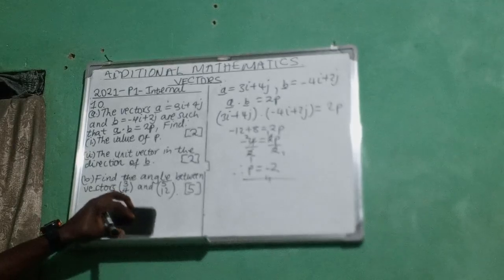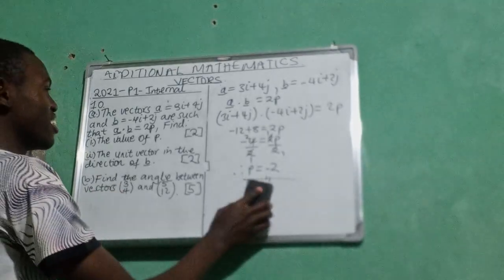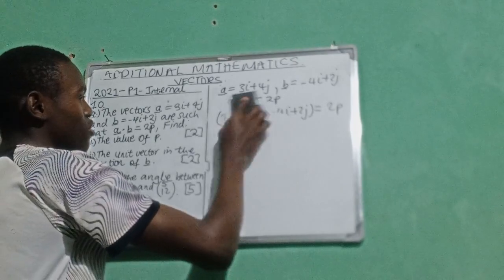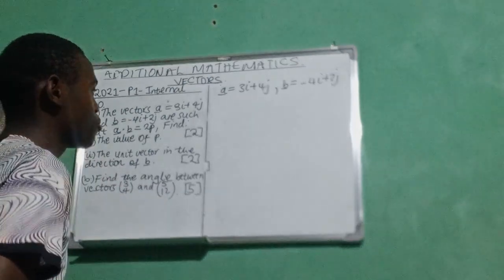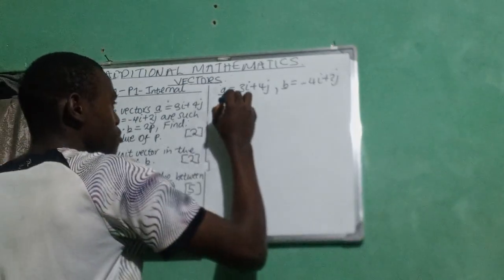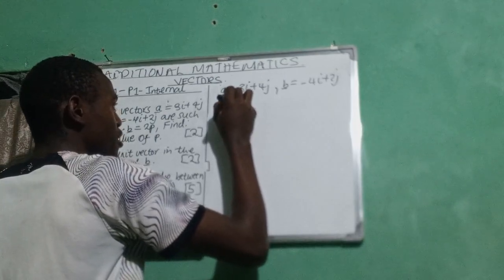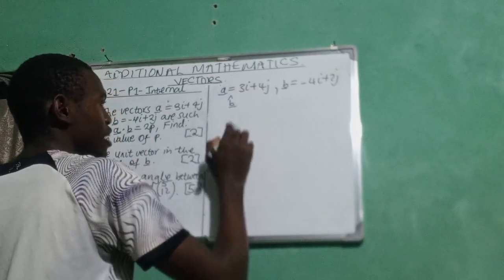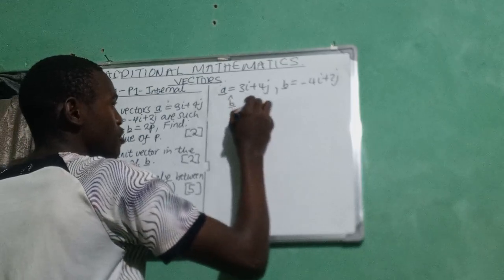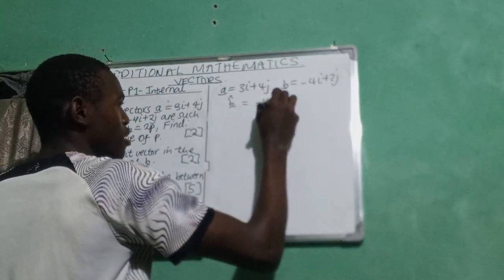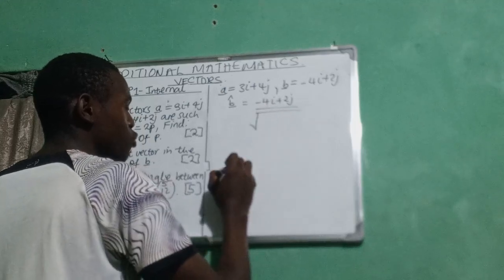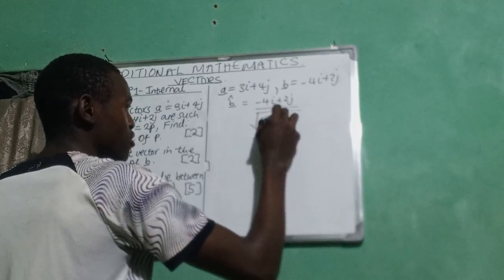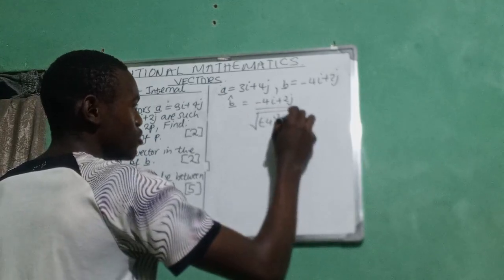Then they want you to find the unit vector in the direction of B. So we have answered question A1. Question A2, unit vector in the direction of B. This means they want you to find B hat. So vector B with a hat symbol is equal to vector B, negative 4i plus 2j, divided by the magnitude of the vector, which is the square root of negative 4 squared plus 2 squared.